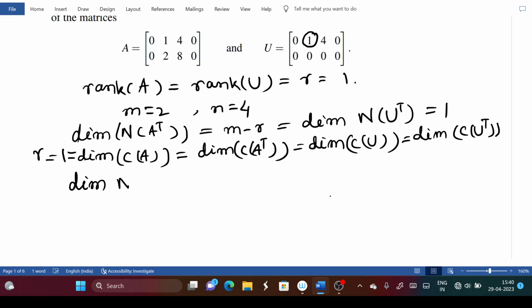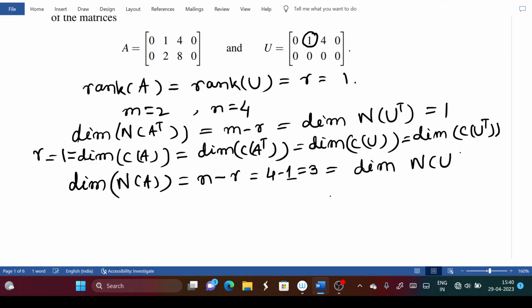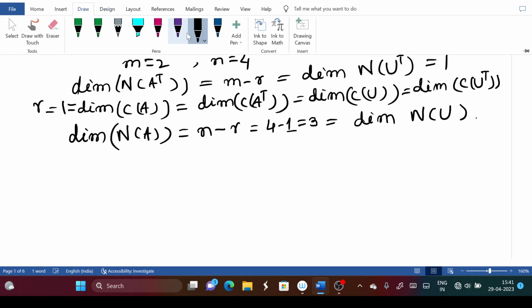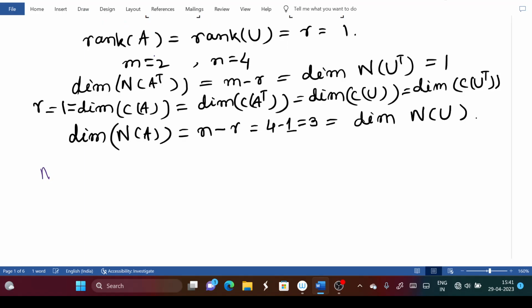The dimension of the null space of A is equal to n minus r, that is 4 minus 1, that is equal to 3, which is equal to the dimension of the null space of U. These are the concepts about the dimensions.